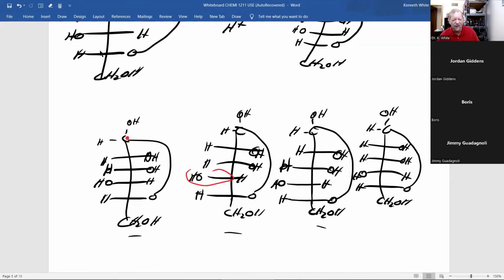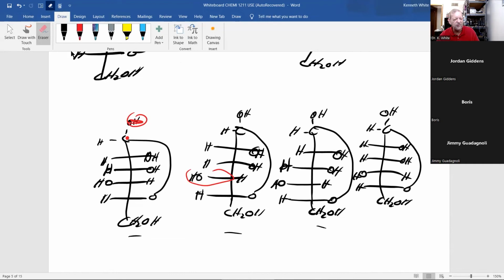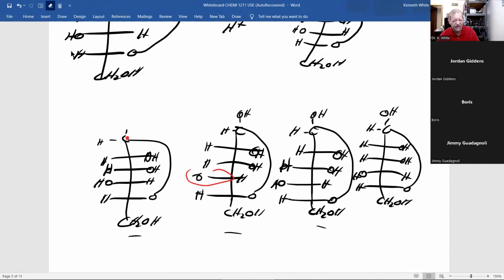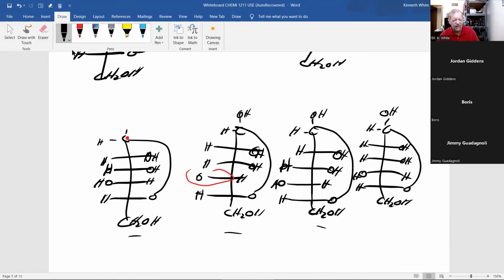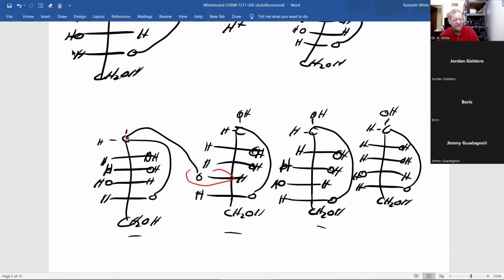Here's my alcohol. Here's the hydroxyl group. What happens? You lose this, and this is bonded here.